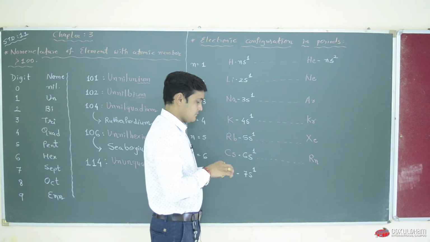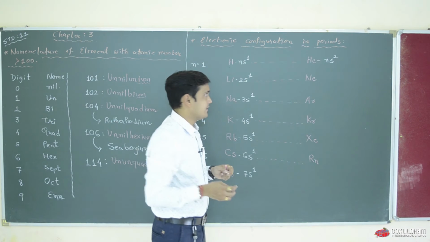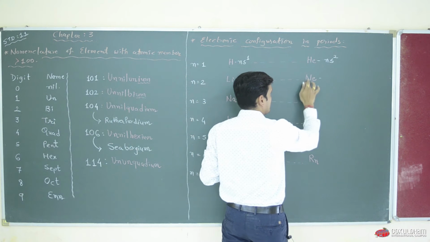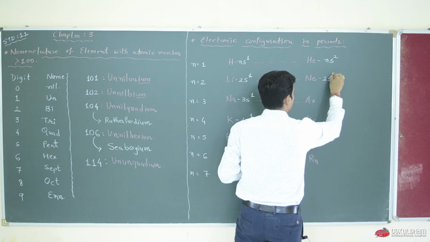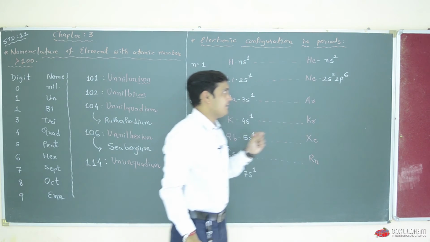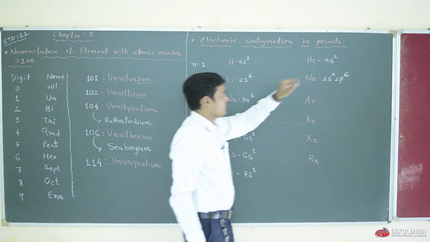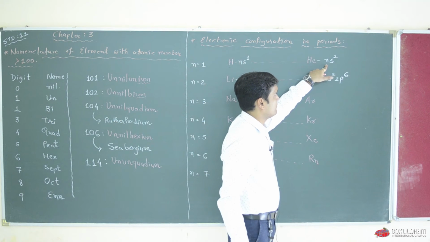Okay, and the end of the electronic configuration in a period: neon is inside the second period. So 2s2 2p6. This is the end of the second period. Helium is the exceptional case.